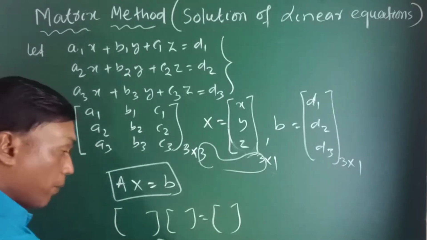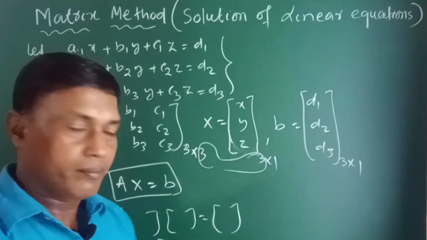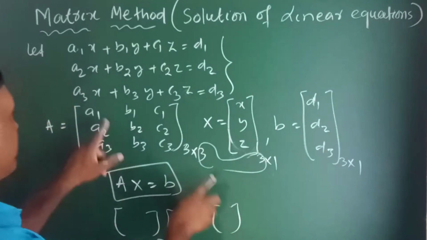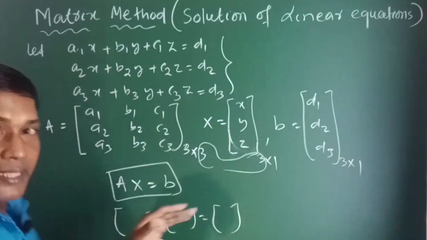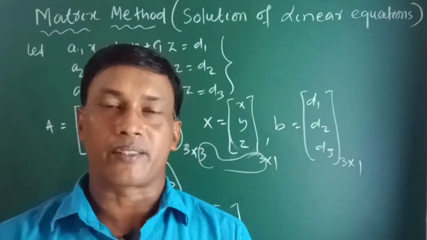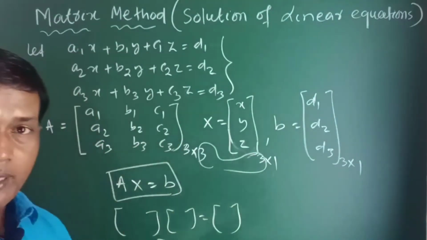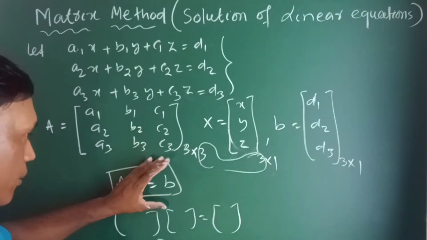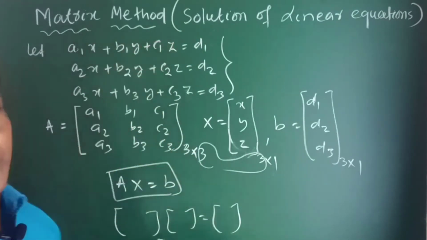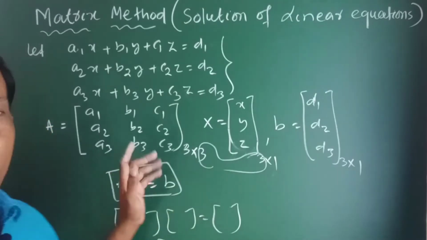If 2 matrices are equal, the corresponding elements are equal: first with first, second with second. Similarly, you will get 3 equations. In this way, you can express the equation in the form of a matrix and the matrix form in equation form. So this is the matrix representation.